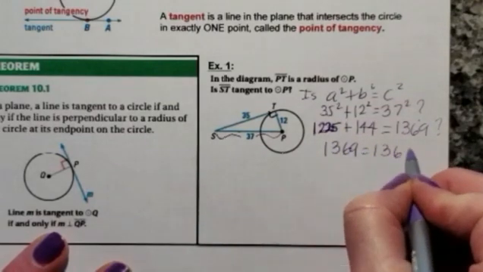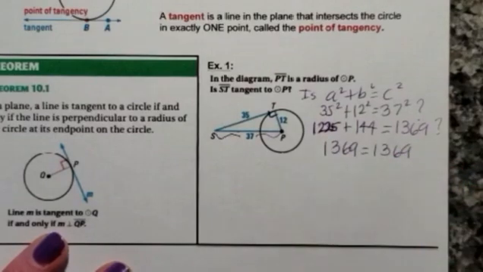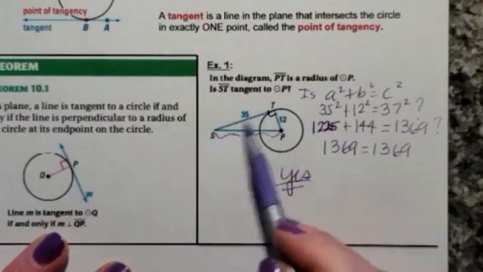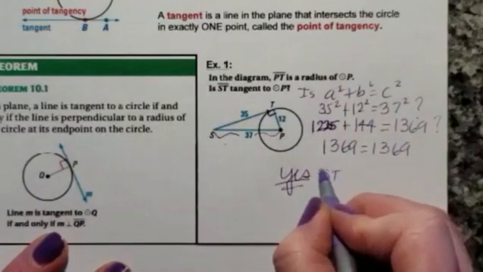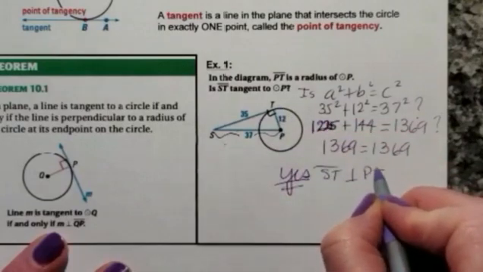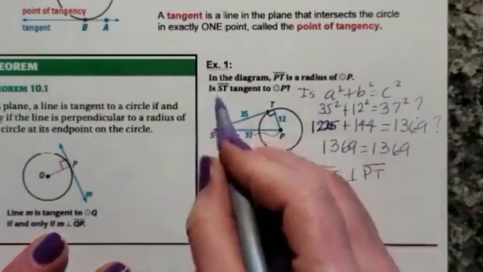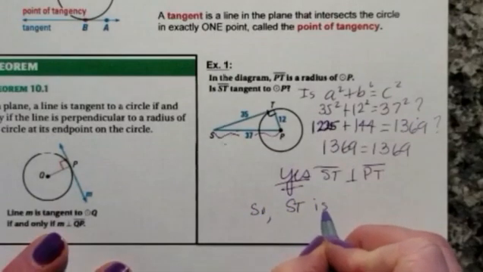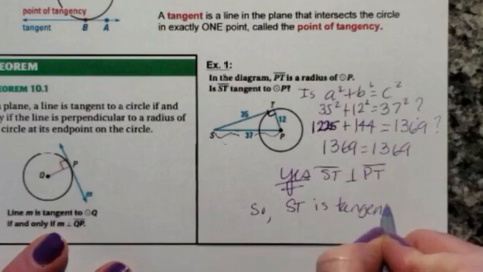So yes, A squared plus B squared does equal C squared. So this is a right triangle. So ST is perpendicular to PT. Which means yes, ST is tangent to circle P.